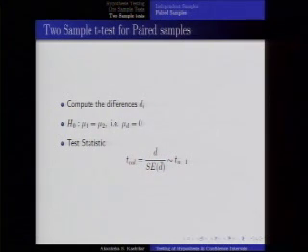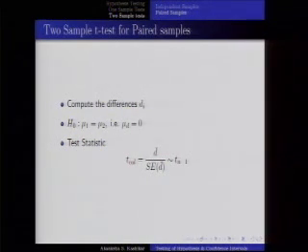And then we may not always have independent samples. For example, I want to test if a drug is effective. I have some patients, say psychiatric patients, and we want to give them some drug and see if their hyperactivity is reduced or not.